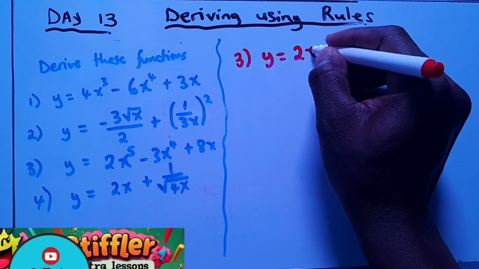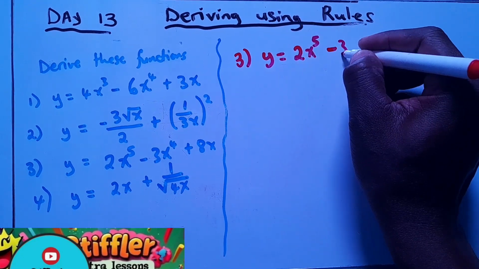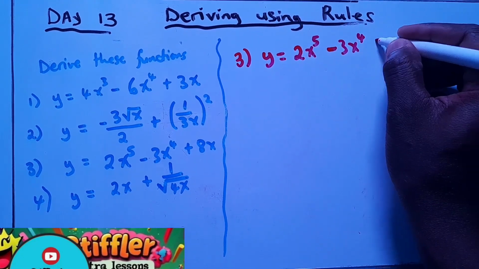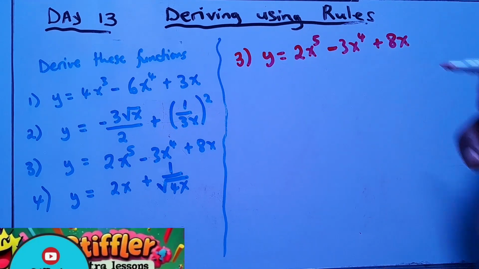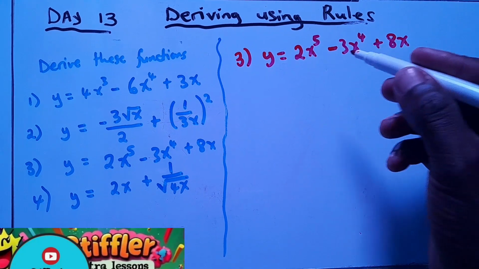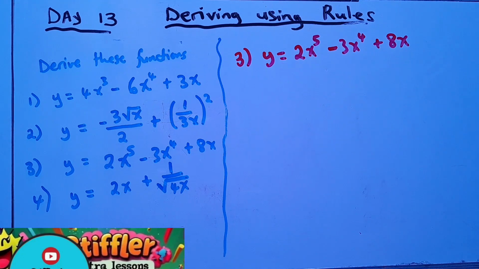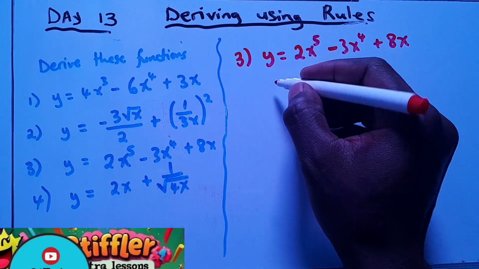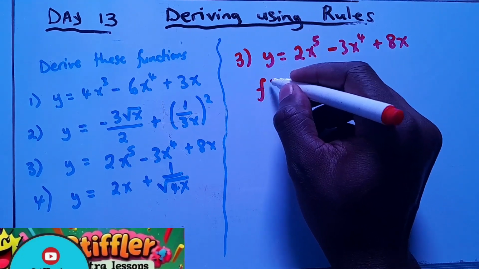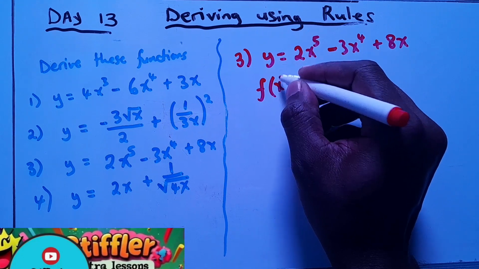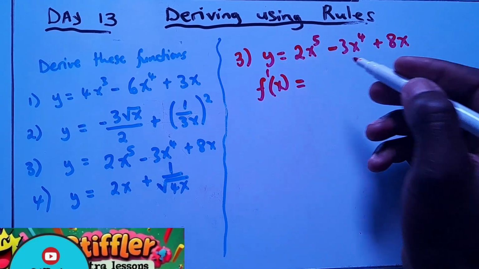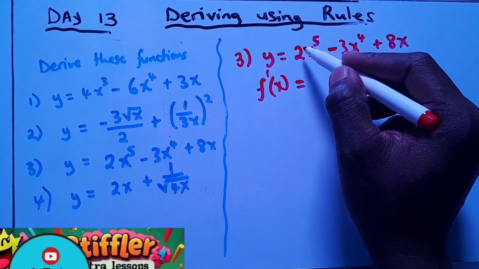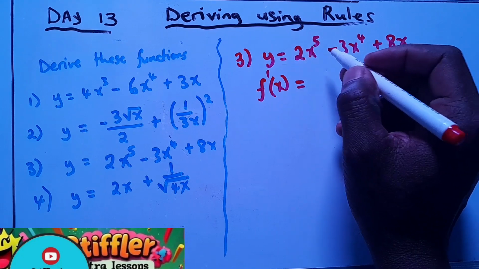So here it is 2x to the power 5 minus 3x to the power 4 plus 8x. So we have to derive this, and also we are lucky here because it is in a straight line form, right? So to derive this would be the same as our exponent multiplied by our coefficient.